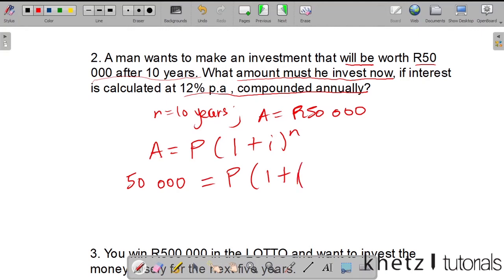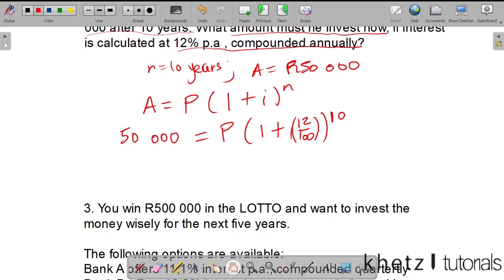The i is given to us as 12%, so you're going to have 12 divided by 100. And then we put this n, which is the number of years, 10, as our exponent. Doing some basic math manipulation, you're going to have P equals 50,000 divided by everything in the bracket to the power 10.